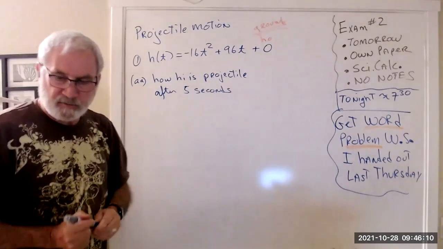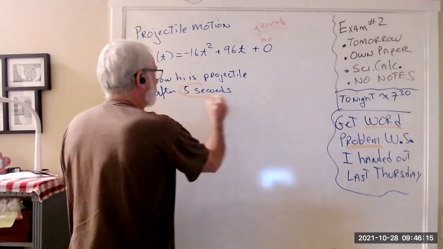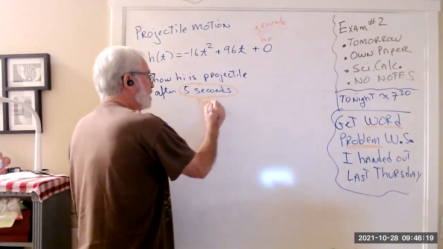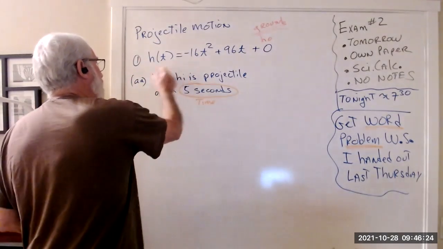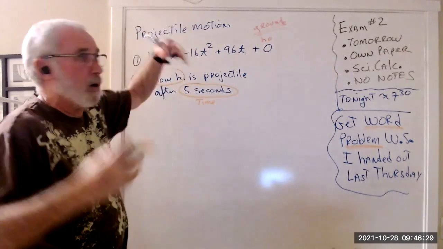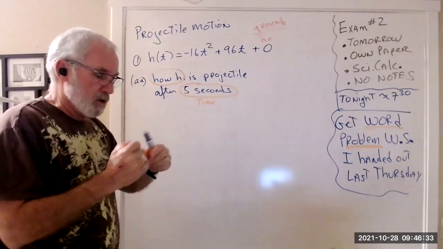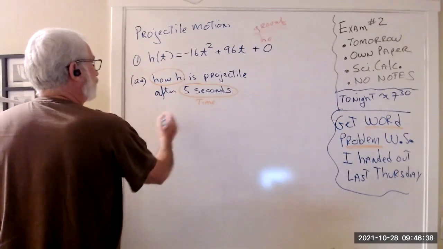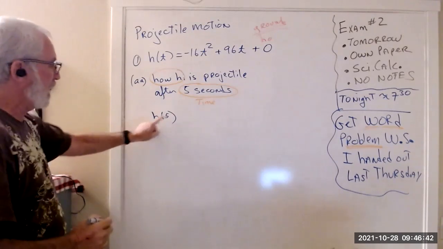Well, notice something. 5 seconds is time. This is a time thing. And how high means the height is unknown. How high did this thing go? So what this is saying mathematically is this is asking us to find h of 5, the height after 5 seconds.